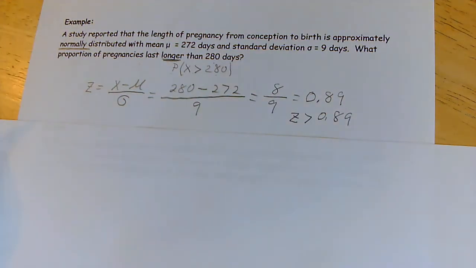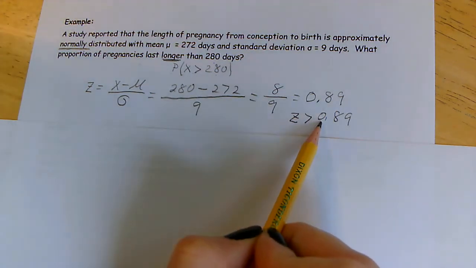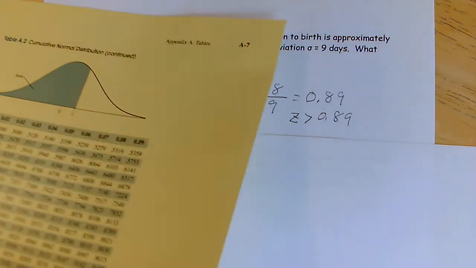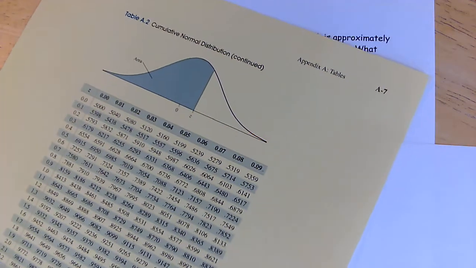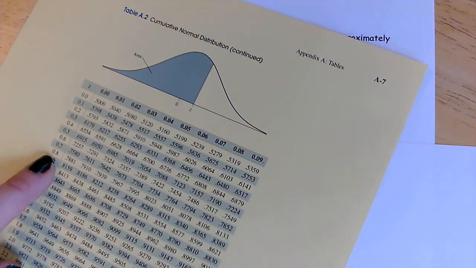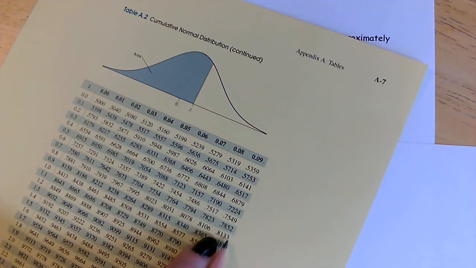So I have to use my table to read this area under the curve. So I have positive 0.89, 0.8 over to 9 is 0.8133.